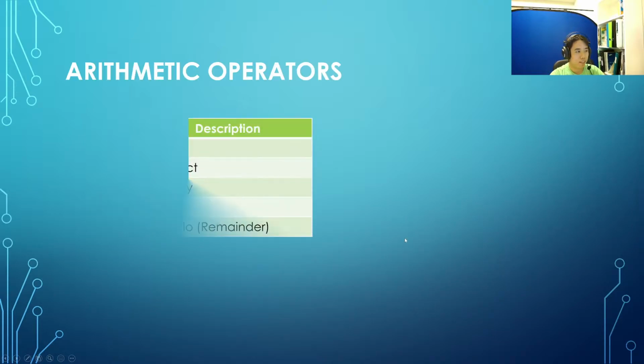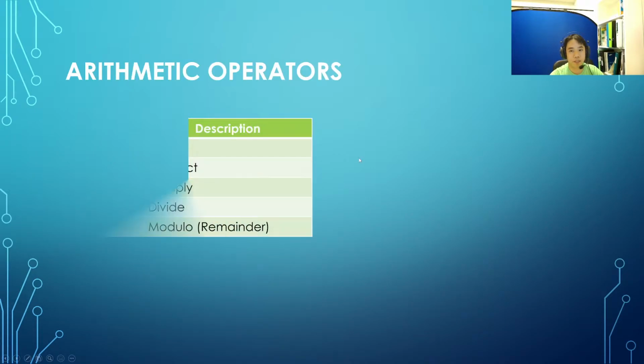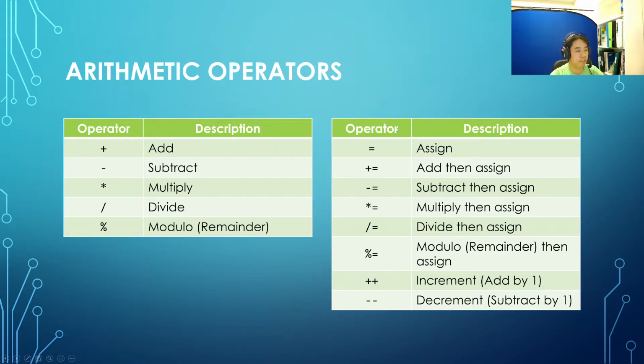Alright, so operators. We've seen a lot of these in C already, but I'm going to go through them very quickly. As you can see, arithmetic operators in Java are pretty much identical to C. You have addition, subtraction, multiplication, division, and modulo as well.